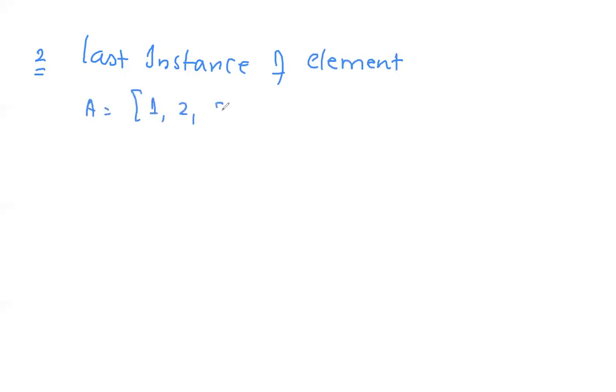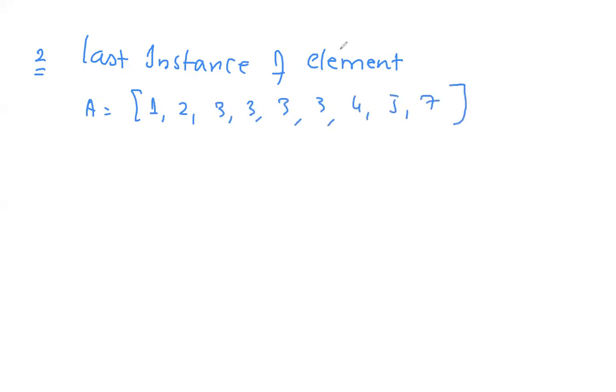Cool. So let's go to the next problem, which we have already discussed, the last instance. Let's go again to the example we were working with: 1, 2, 3, 3, 3, 3, 4, 5, 7.